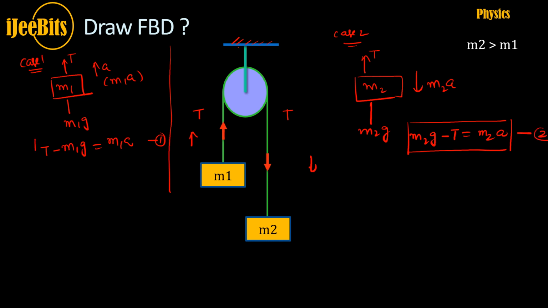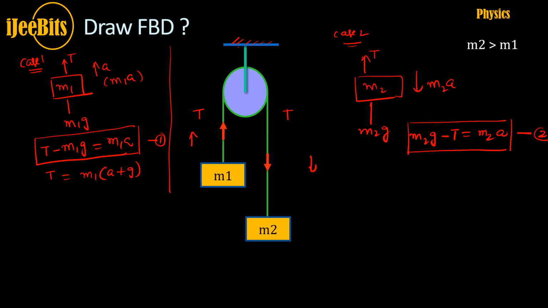This is equation 1. Let's add equations 1 and 2. What happens? The T cancels. So T equals M1 into A plus G. Correct?